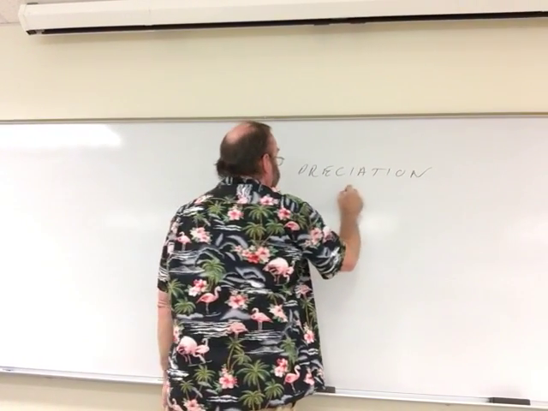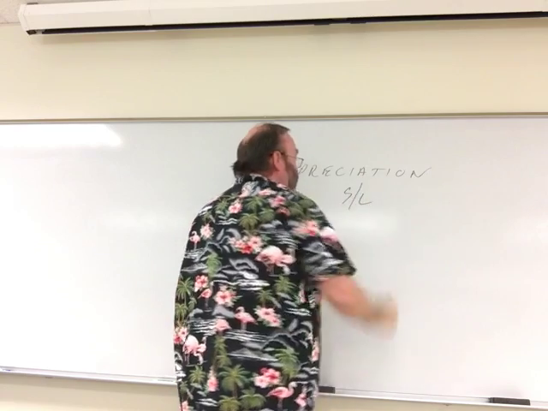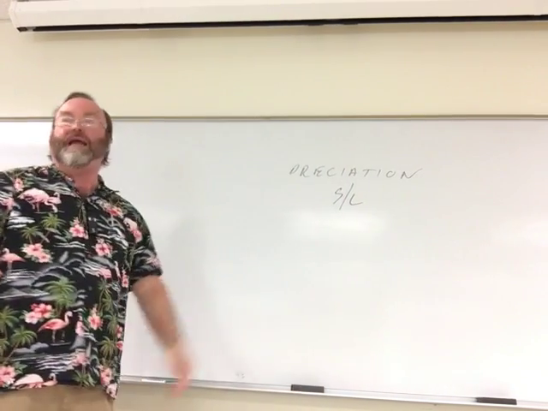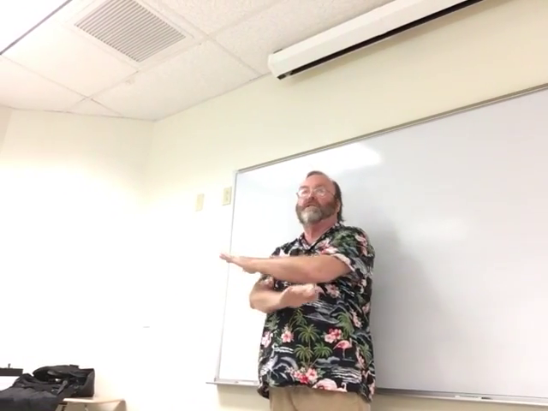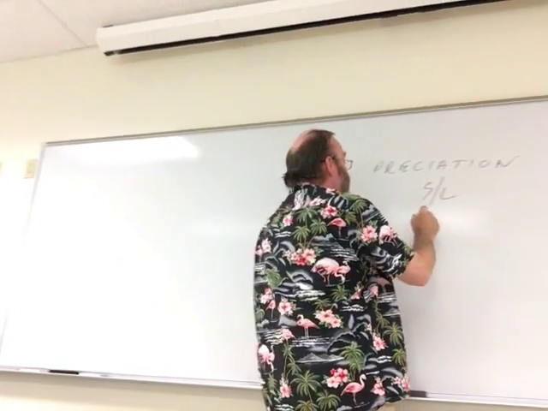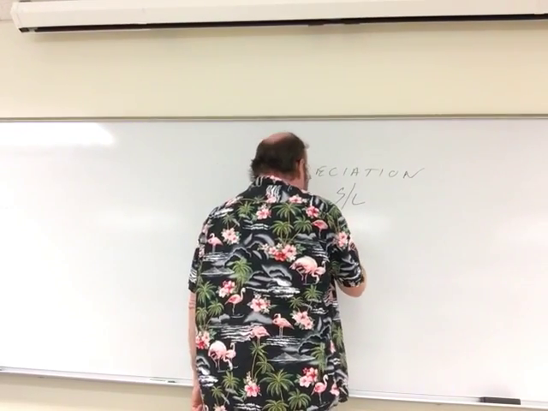Straight line, which is abbreviated SL. Straight line depreciation is an even spreading of the cost over the useful life of the asset. We're going to take the same depreciation month in, month out, year in, year out, while we own the asset. Units of production.